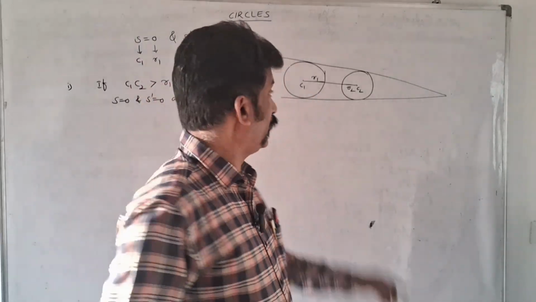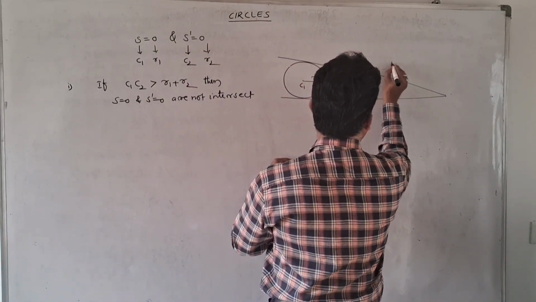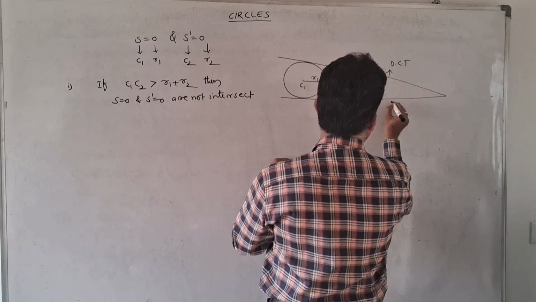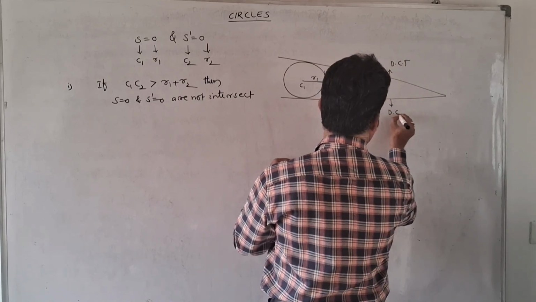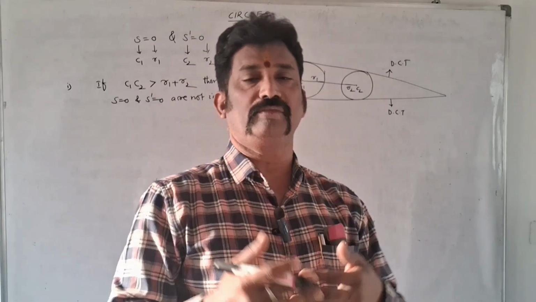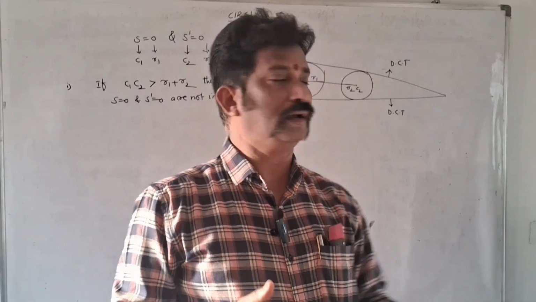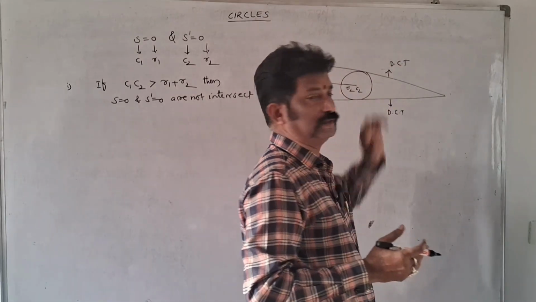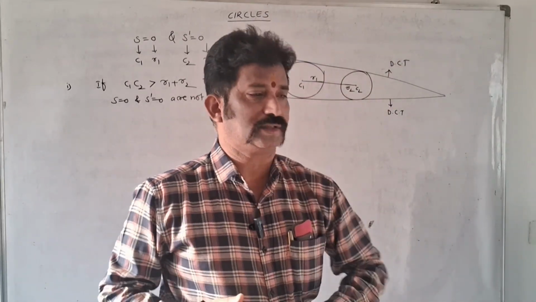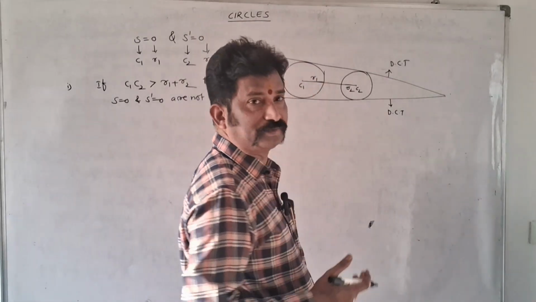Understood? So this one is a direct common tangent, and this also is a direct common tangent. Why is it a tangent? Because it touches the circle.